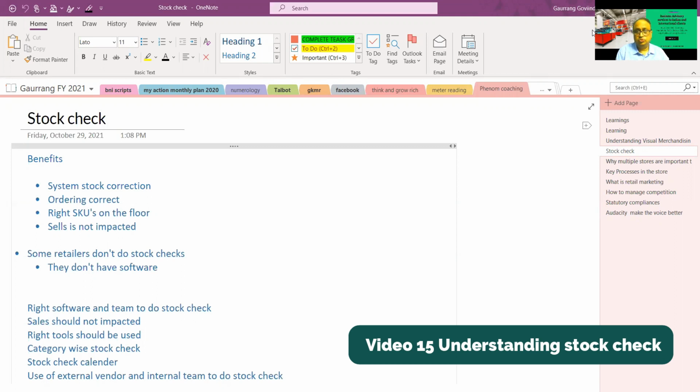It covers both, right? The benefit of system stock check is basically that it corrects the system stock. You can always see the correct picture of the inventory which is in your hand.